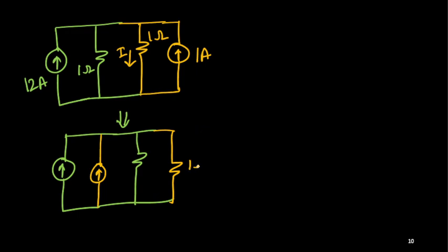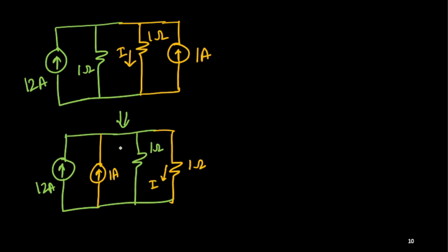This is your 1 ohm, and there I need to find out the current. This is your 1 ampere, this is your 12 ampere, and this one is 1 ohm.